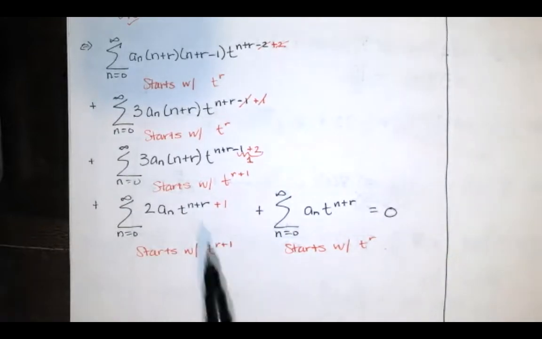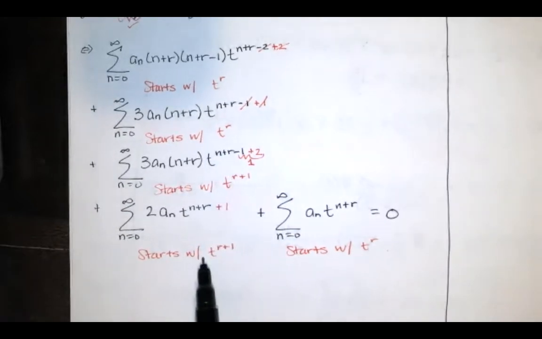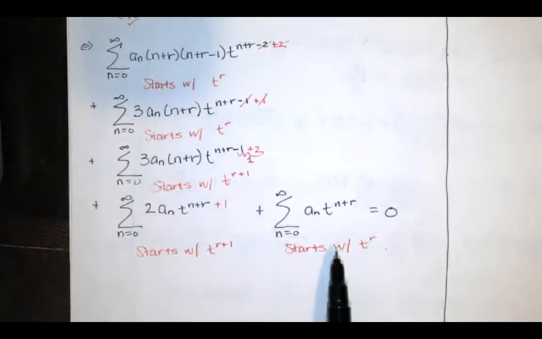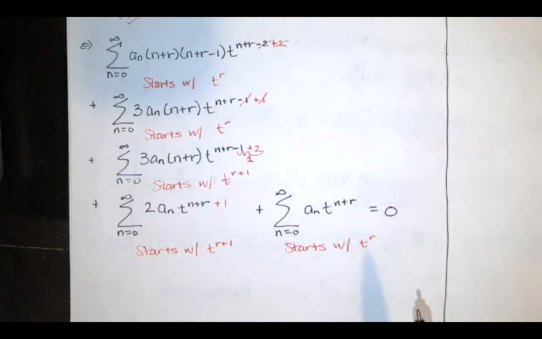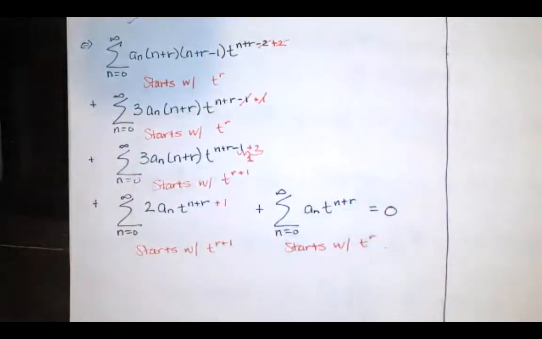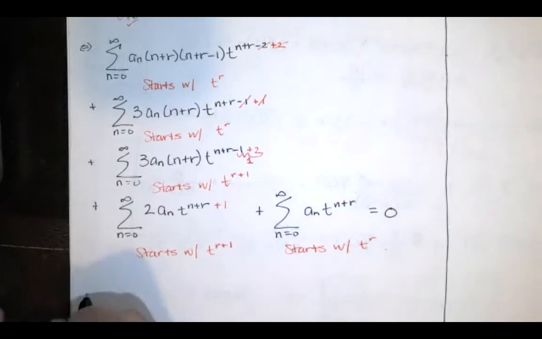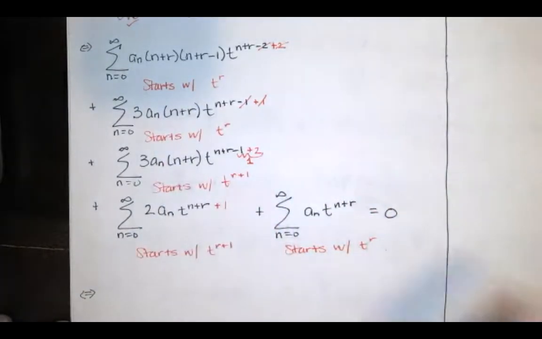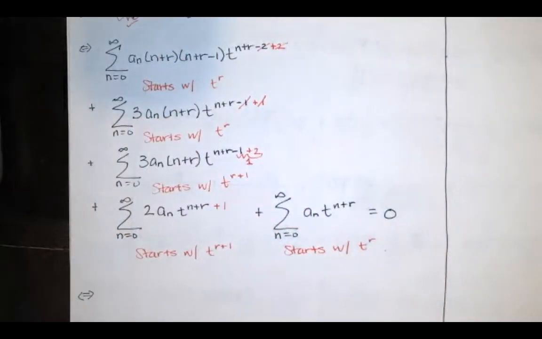So these guys start with t to the r plus 1, and the first, second, and fifth series all start with a t to the r term. So I'm going to take out a single term from this guy and this guy, and that's going to give me my indicial equation. So let's do that. We're going to remove terms from the first, the second, and the fifth series.